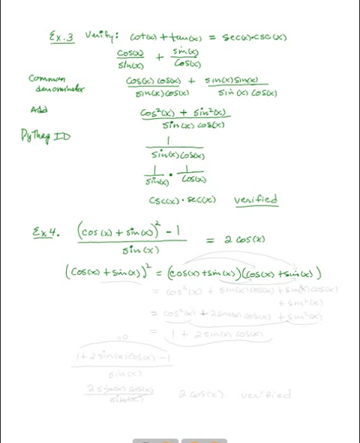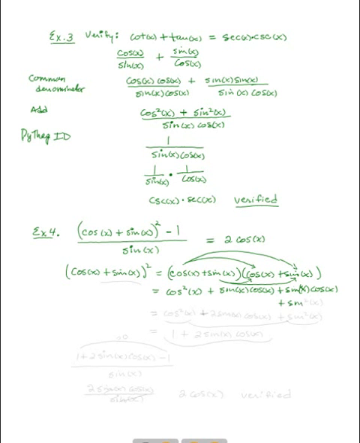and that will be, when you use the distributive rule, we'll have cosine times cosine, which is cosine squared of x, and then we'll have sine times cosine, and then we'll have cosine times sine, and I'm writing sine times cosine, and then there's one thing left, and that's sine times sine, and that would be sine squared.